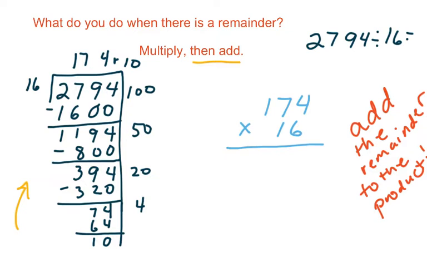And we're going to use the standard algorithm here to determine whether this is accurate. Now remember, after you multiply the quotient by the divisor, don't forget to add the remainder. So at the end, you're going to add this 10. All right, check my work to see if it's accurate.